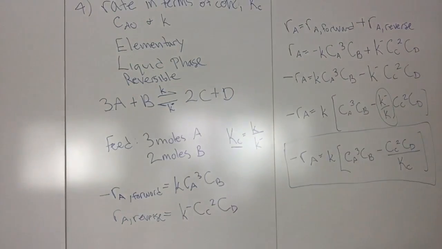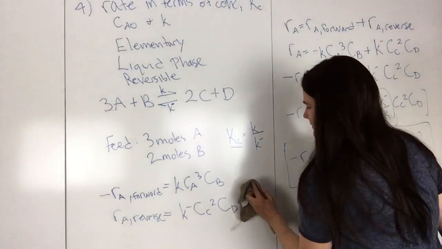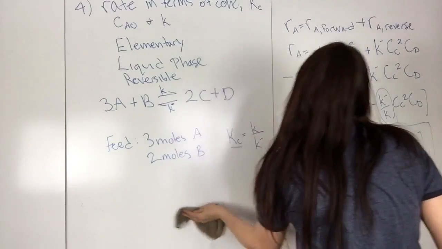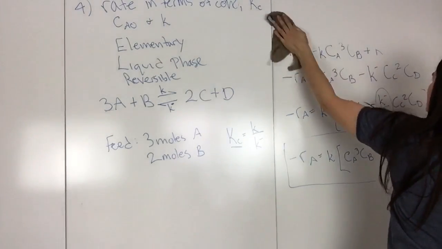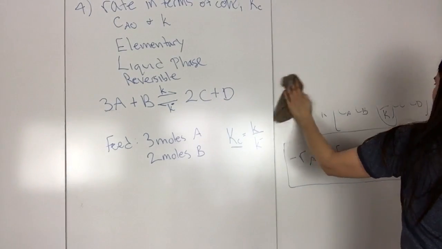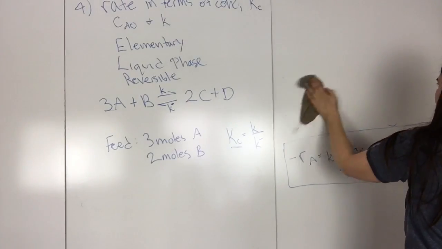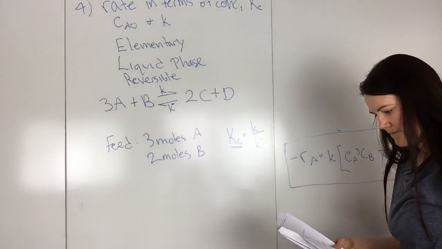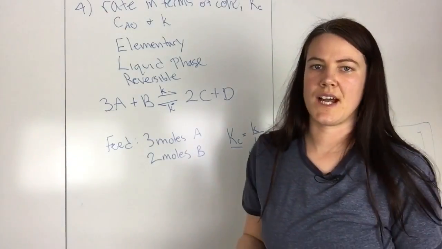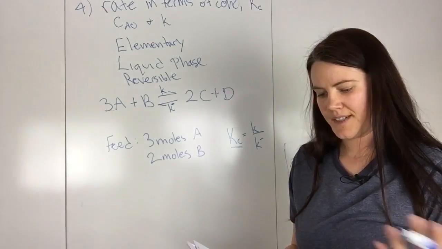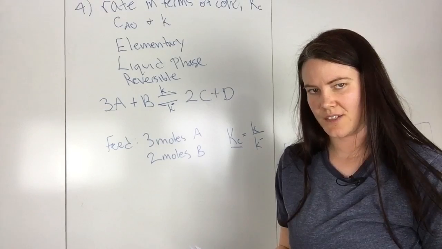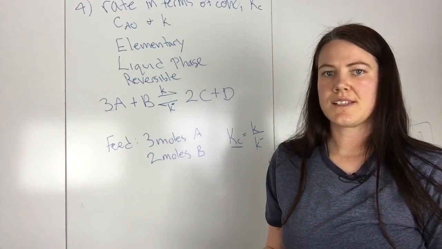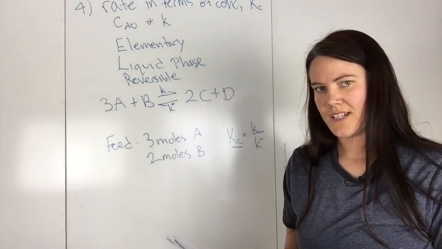So I'm going to erase some of this. This is the same thing as the last problem, only this time it's liquid phase, and so we would look at the liquid phase table instead of the gas phase.